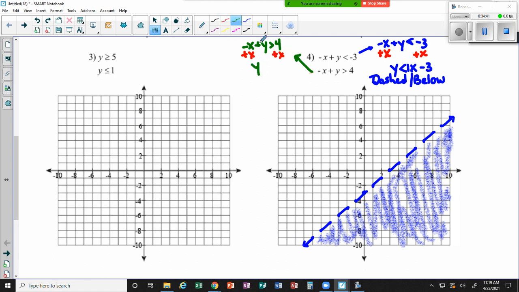So it's just y, positive y is just y. It's going to be greater than x plus 4. So do I need a dashed or a solid line? Dashed. It's not equal to, so I need dashed. Okay. Am I going to shade above or below? I want all the y values that are greater than x plus 4, so that's above.